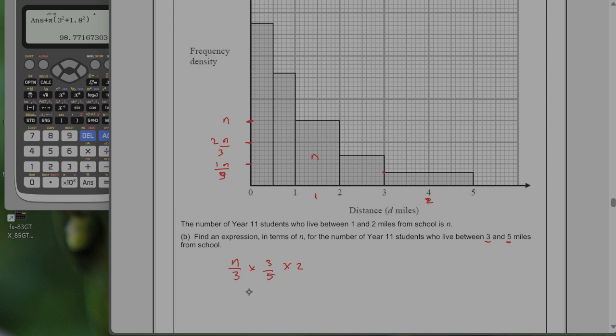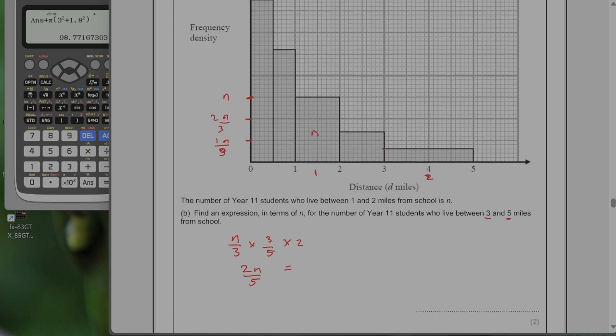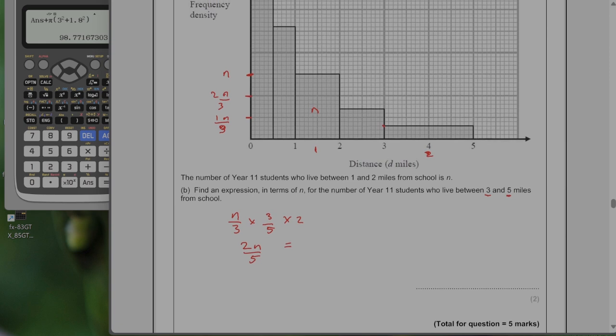So that's going to become 2n over 5. So I'm going to go 2n over 5. We could have gone 0.4n, that would be fine as well.